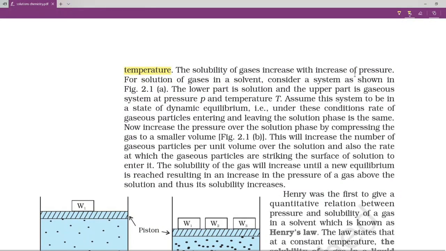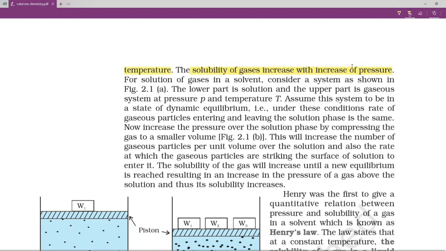The solubility of gases increases with increasing pressure. Here is one of the best examples to validate this statement: your common cold drink. When you open the bottle of cold drink, which is under very high pressure, as soon as you open it, effervescence, the dissolved carbon dioxide which was dissolved in the cold drink at very high pressure, comes out in the form of effervescence.